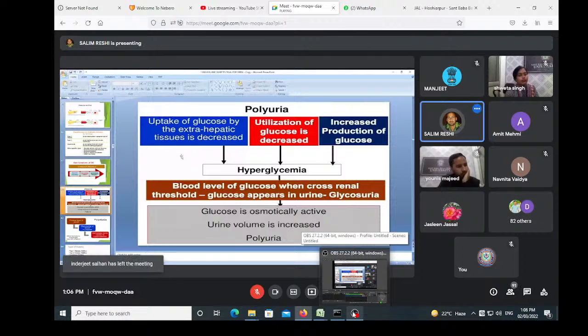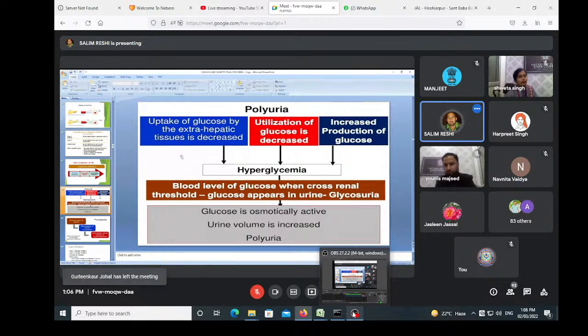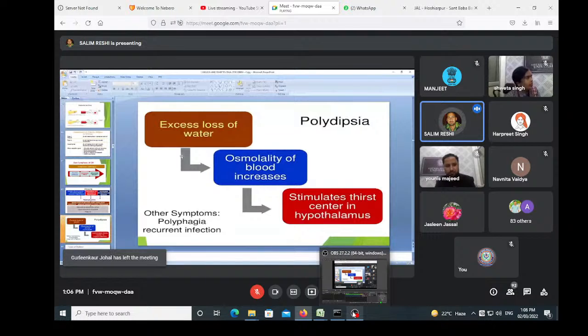Due to osmosis, a large volume of water is released in the form of urine, which gives rise to polyuria. Due to this excessive loss of water, the osmolality of the blood increases, and it stimulates the thirst center of the brain, the hypothalamus, and the patient feels thirsty.